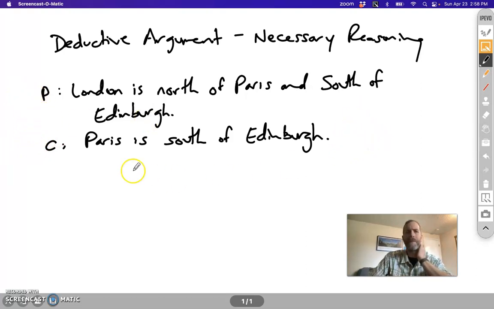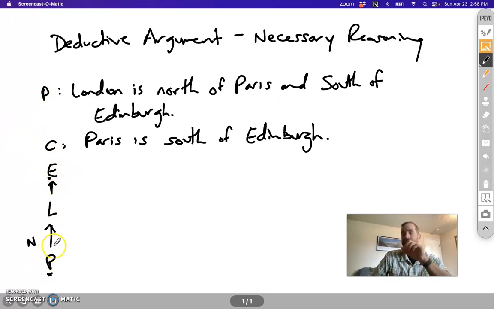Again, we can map this one out. What we're saying here is that London is north of Paris, so we could have L here for London, and it is north of Paris. And London is south of Edinburgh, so we'll put Edinburgh up here. And then the conclusion just says that Paris is south of Edinburgh. Sure enough, if the premise is true, then this conclusion follows with necessity.